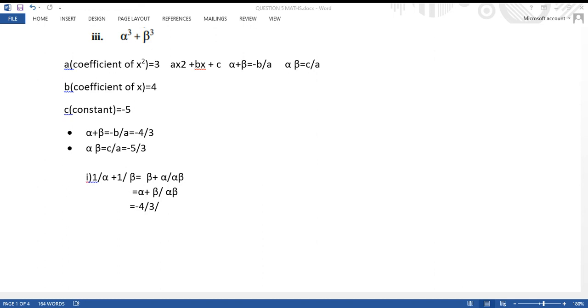As I was saying, this alpha squared plus beta squared, its identity is this. You have to remember this. If you don't remember it, you can derive it for yourself. In your exams, you won't have to derive it; you just do it in your workings on the rough paper, then you put it in.